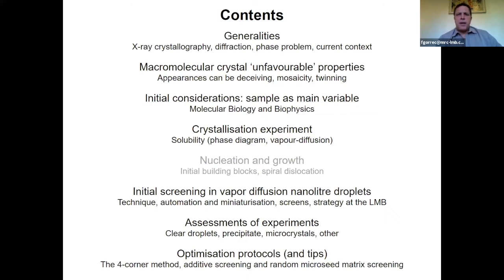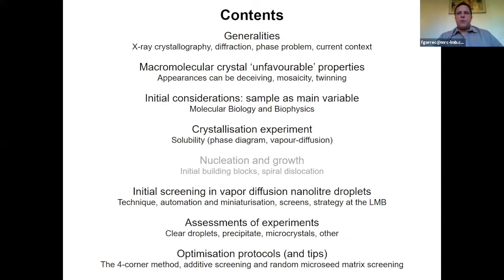There are a lot of aspects that could be talked about, and I will try to introduce a multitude of them, not all of them. I will try to place back the main context of X-ray crystallography and its main aspects, just to make sure we are on the same page about what this is for.